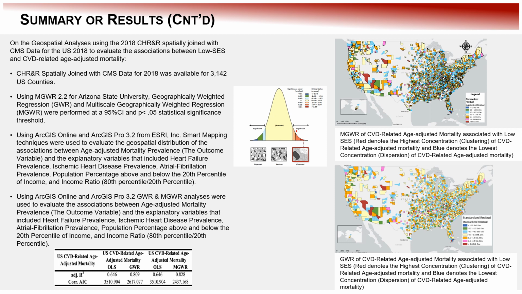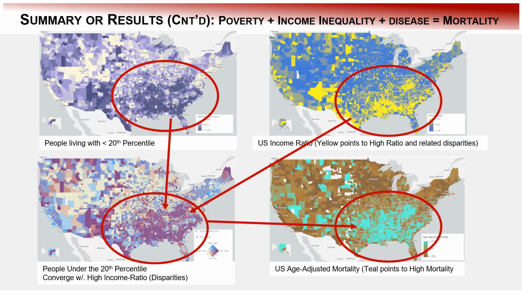So the geographically weighted regression, or the multi-scale geographically weighted regression, provides a higher statistical power for the evaluation of the association, statistically speaking.